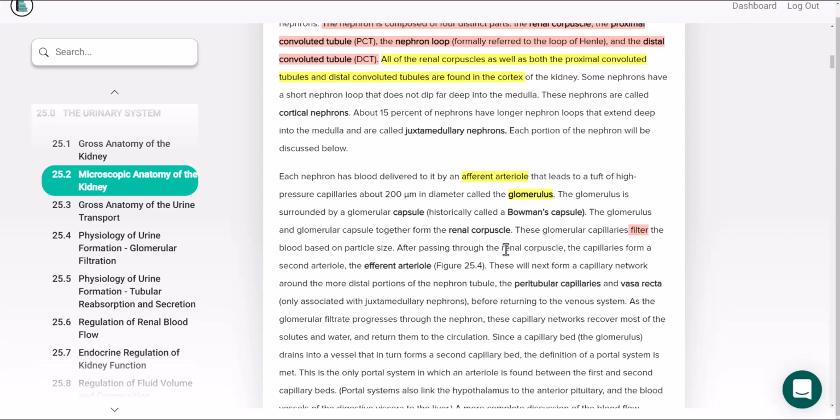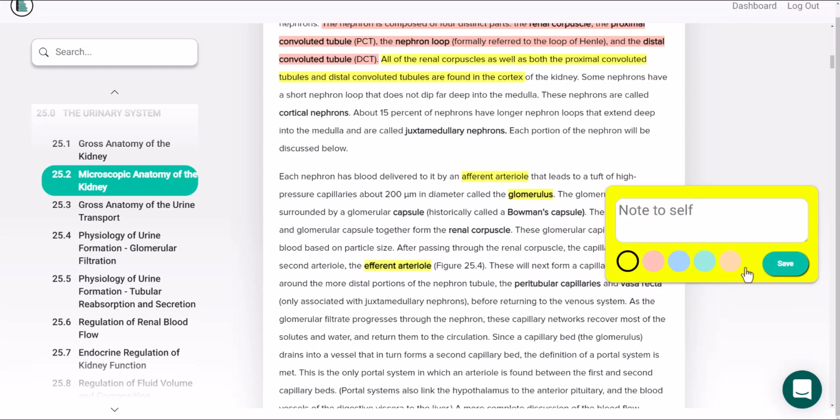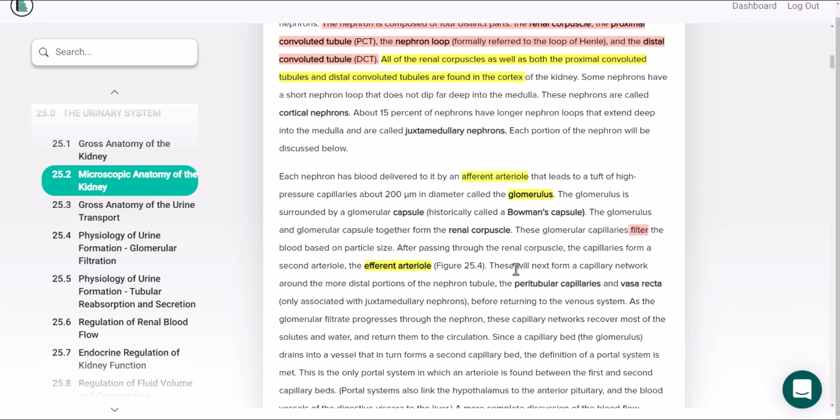Once the blood has been filtered in these capillaries, it's going to leave the glomerulus in a second arteriole called the efferent arteriole. So we have the ingoing and the outgoing arteriole. Immediately, this should send up some sparks. Recall that up until now, when blood went into a capillary, it went in through an arteriole but came out through a venule.